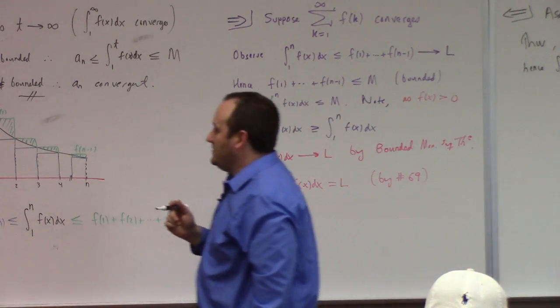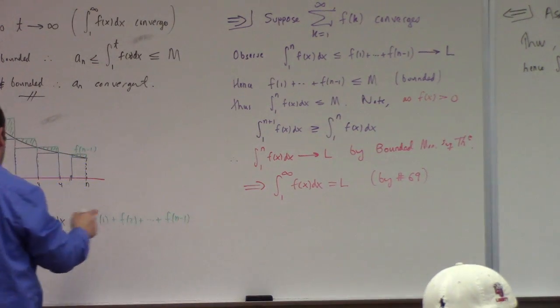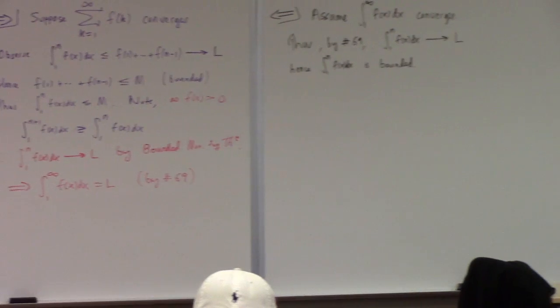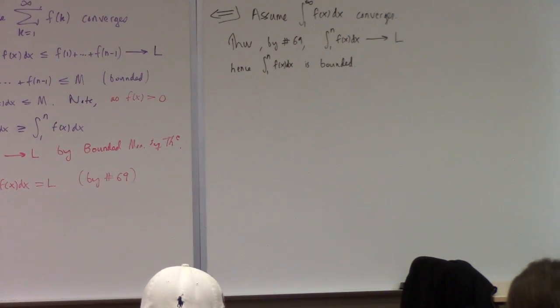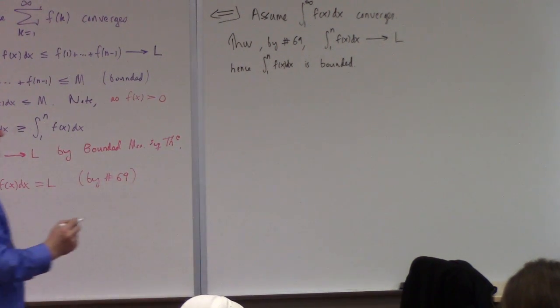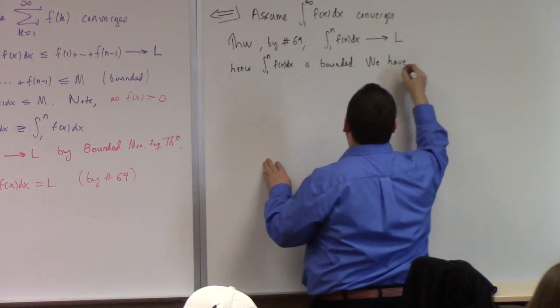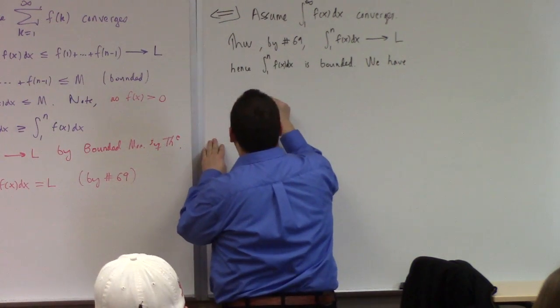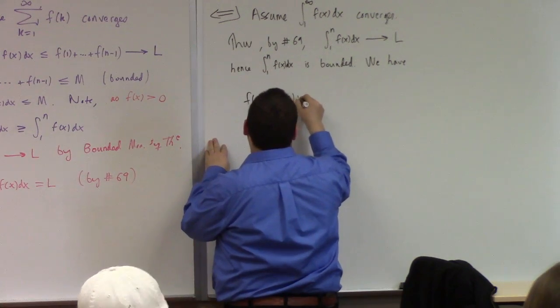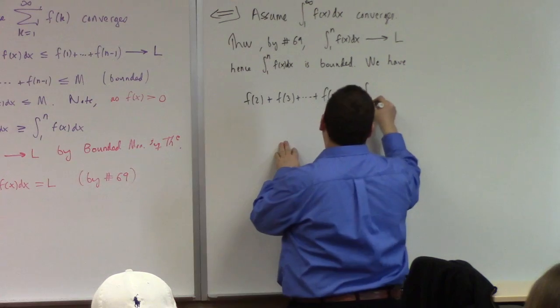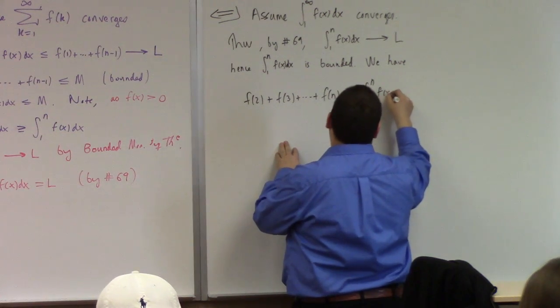And then we go back to our critical inequality. And what are we going to use this time? Well, this time we're going to use this half of it, right? We have f of 2 plus f of 3 plus dot dot dot plus f of n is less than or equal to the integral from 1 to n of f of x dx.